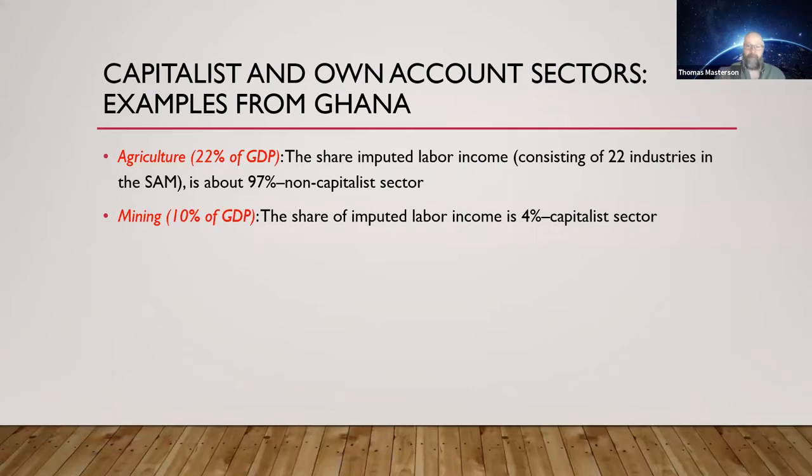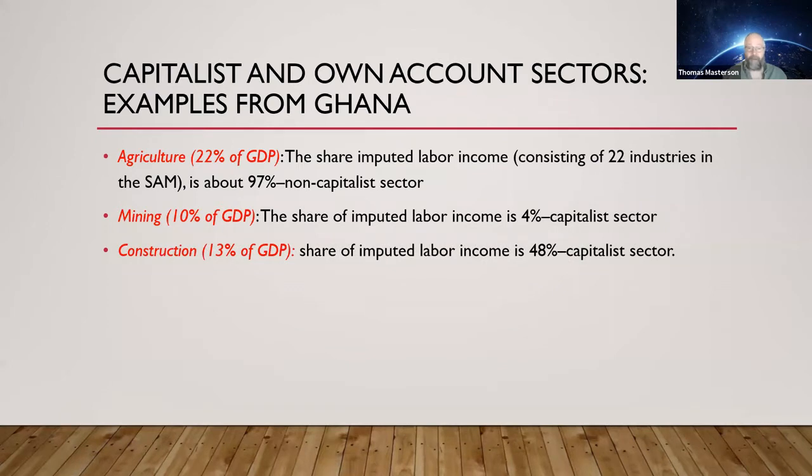So this is imputed labor income as opposed to actual labor income. Mining is a capitalist sector, agriculture is a non-capitalist sector, because most of the labor is not wage labor in agriculture, and most of the labor in mining is wage labor. And construction is about 48%, and that's 13% of GDP.